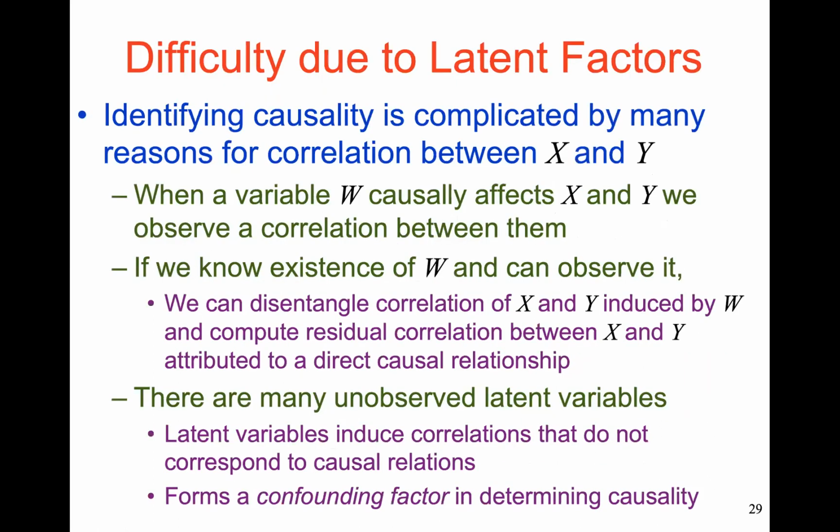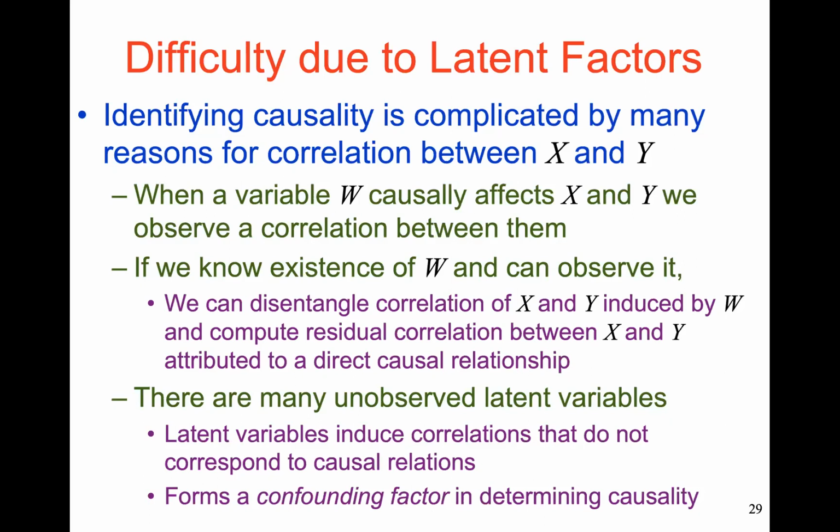The difficulty of identifying causality is due to latent factors. Identifying causality is complicated by many reasons for correlation between X and Y. When a variable W causally affects X and Y, we observe a correlation between them. So, right, W is influencing both of them. If we know the existence of W, we can observe it.